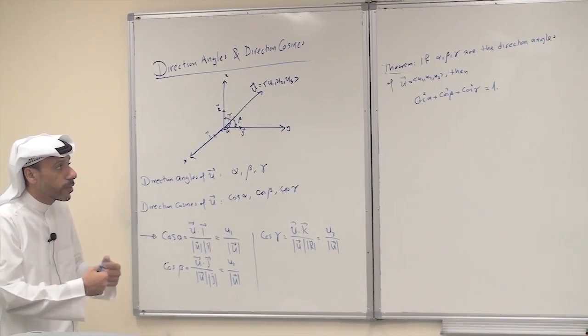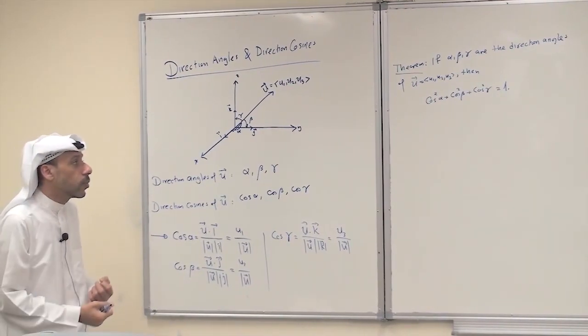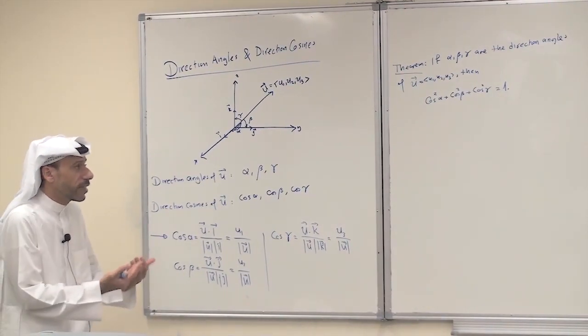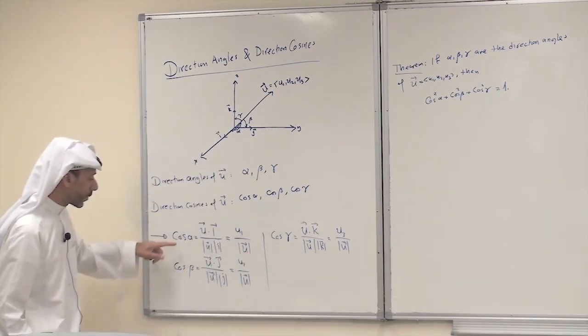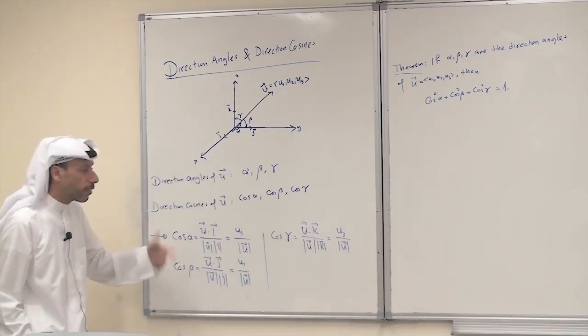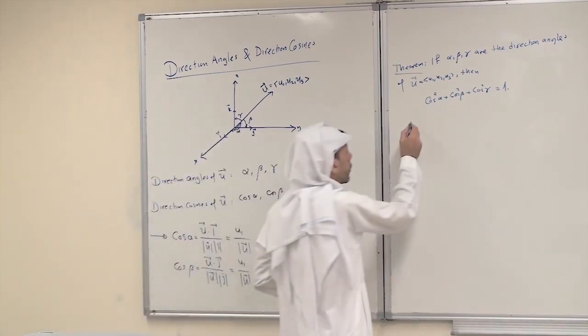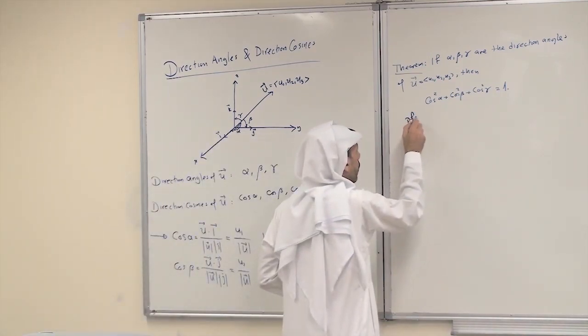So the sum of the squares of the cosines will give you 1. And this is very obvious. Just apply the definition of cosine alpha, cosine beta, cosine gamma. So this is just a quick proof.